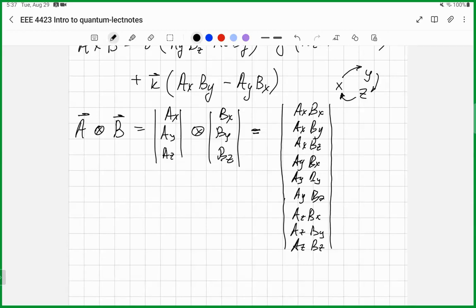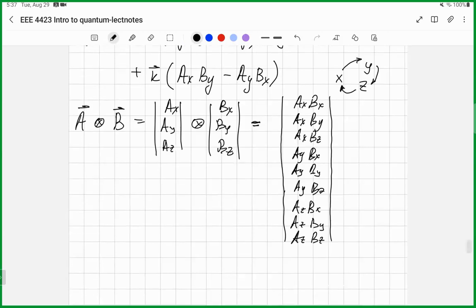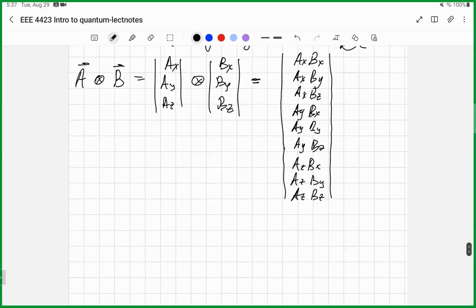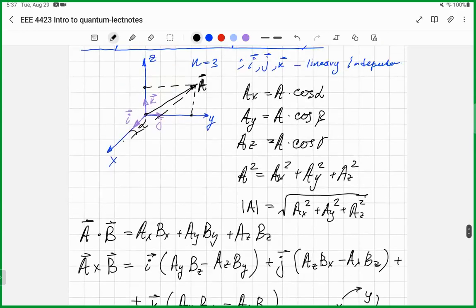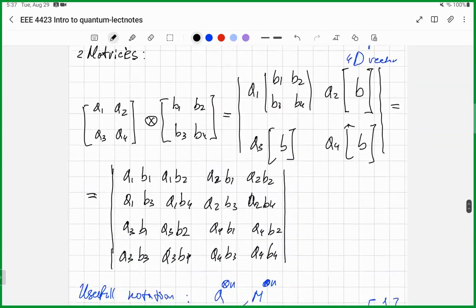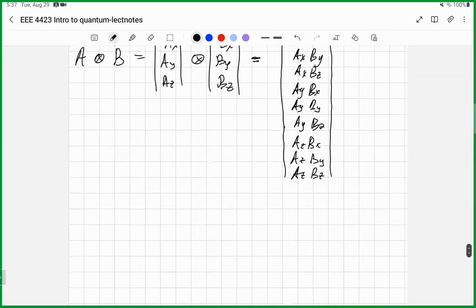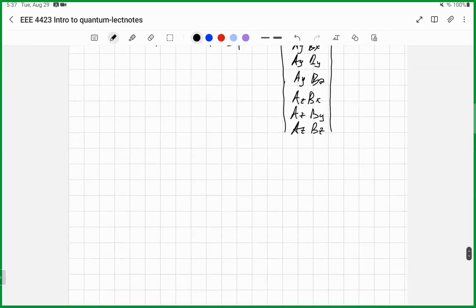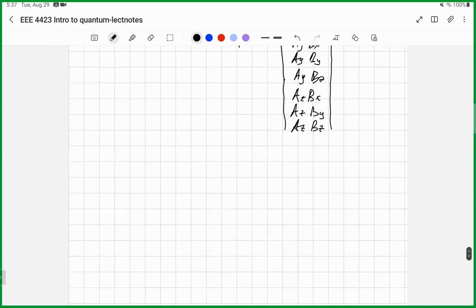And then tensor products of two-dimensional qubits, which are four-dimensional, etc. And I didn't discuss the dyadic product, but the dyadic product is pretty straightforward. It's basically also a tensor product.